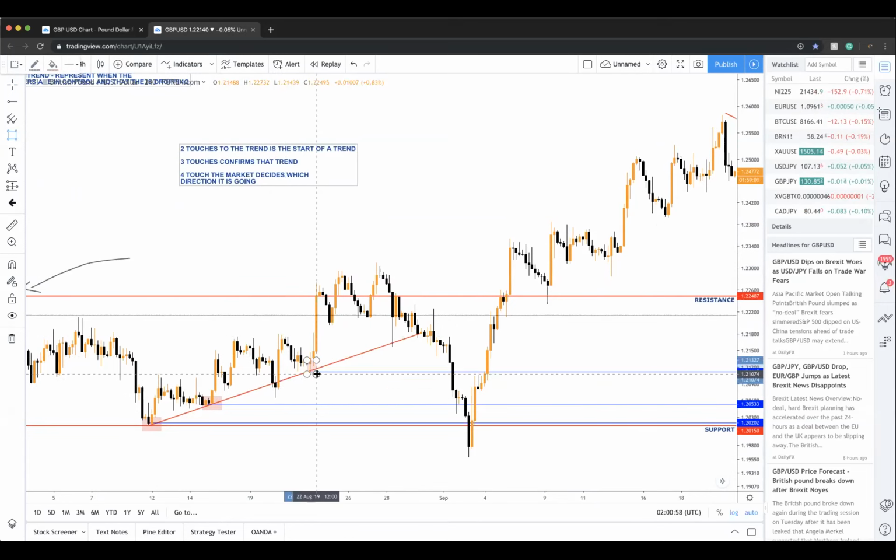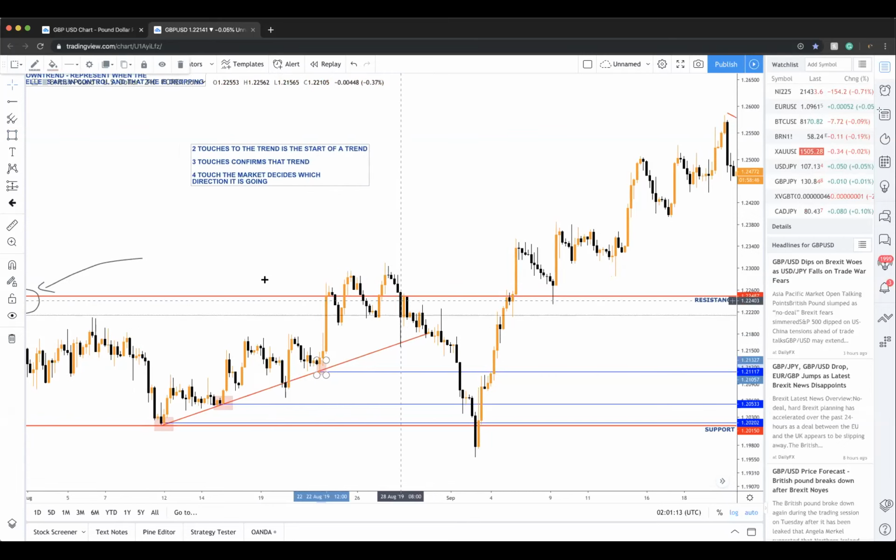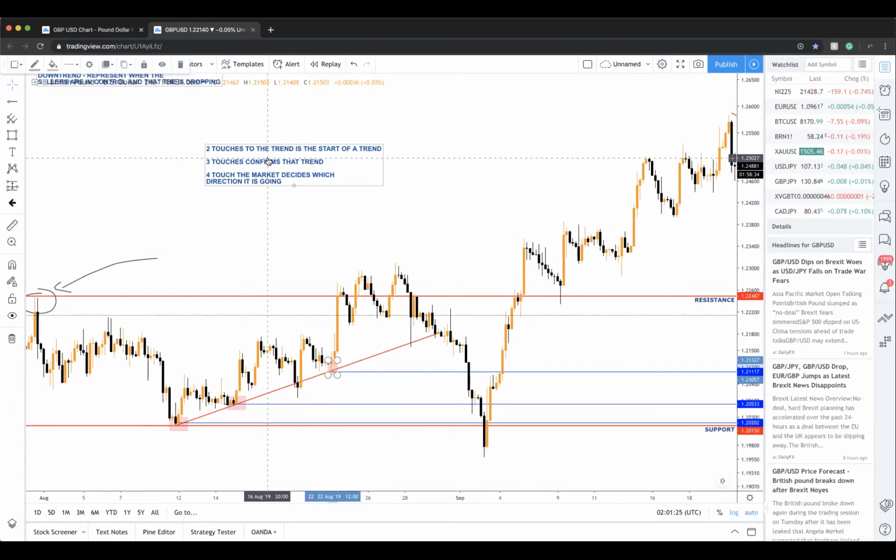Right here, the market came back down and touched the trend, and then on the fourth time that the market revisited that trend, it couldn't break it, so it had the reaction of coming back up. But as you can see here, where we identified our resistance, the market had some trouble going above that price. So then the market started going down. So 2 touches is the start of a trend.